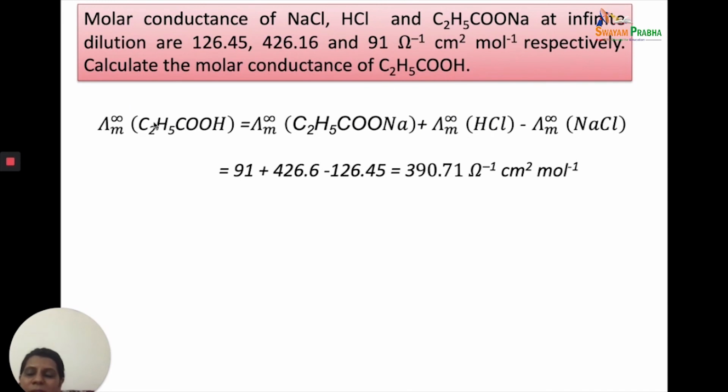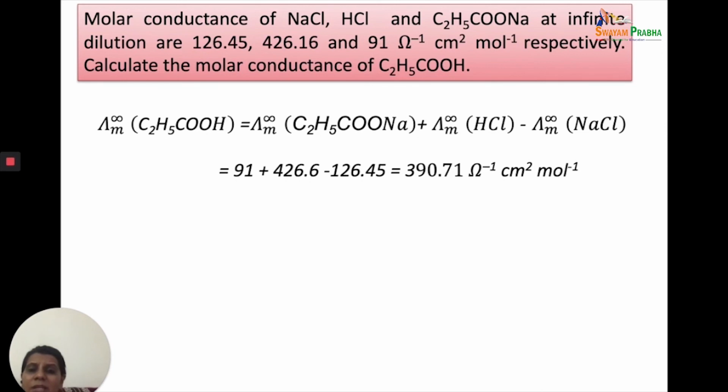Very simple. Lambda m infinity of propionic acid will require that I take the values of lambda m infinity of propionate ion and H+ ions. So I will take lambda m infinity HCl and lambda m infinity sodium propionate. I will subtract the value of lambda m infinity of NaCl. This is simply manipulation of numbers and I get the value of lambda m infinity of propionic acid.